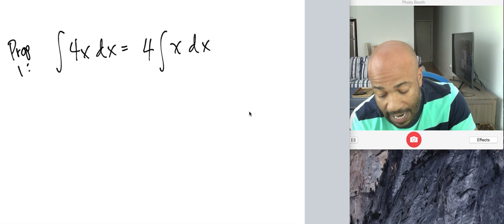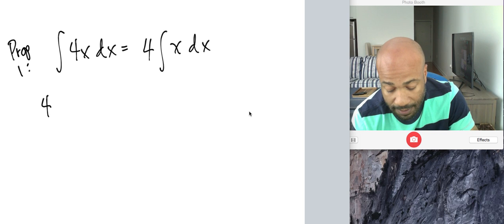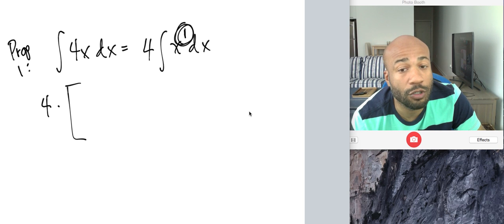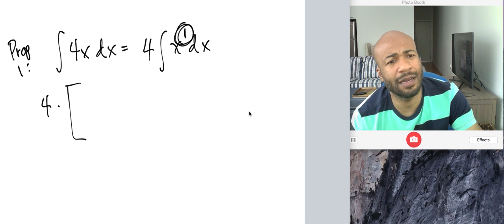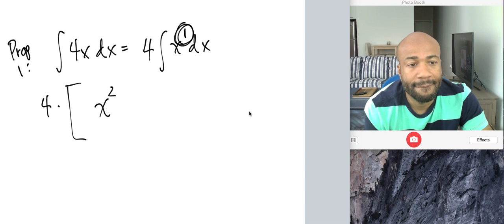Right? So now, let's use that power rule. So 4 times, let's do the power rule. The power of x is really a 1. It's understood as a 1. So I'm going to add another one to that, and that's going to be x squared.